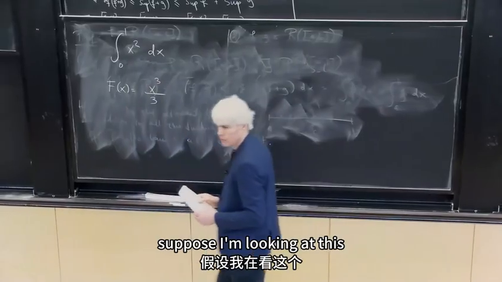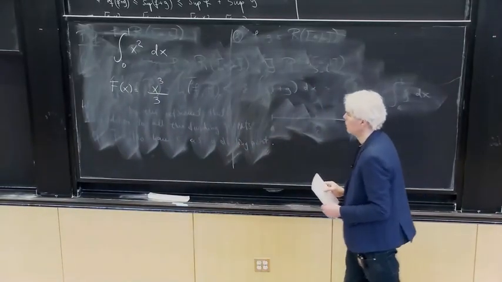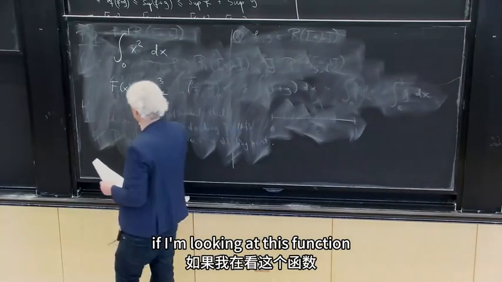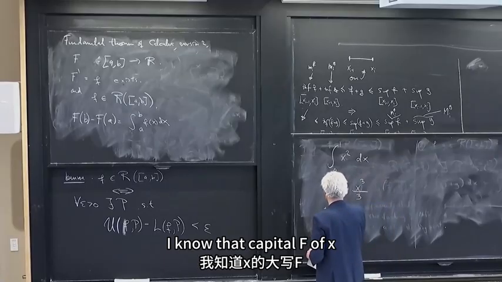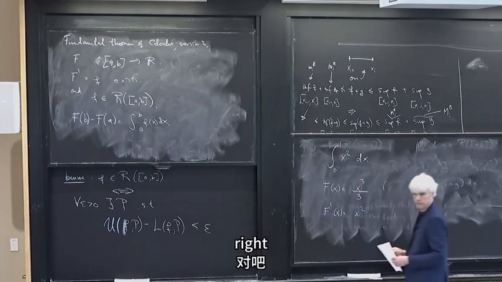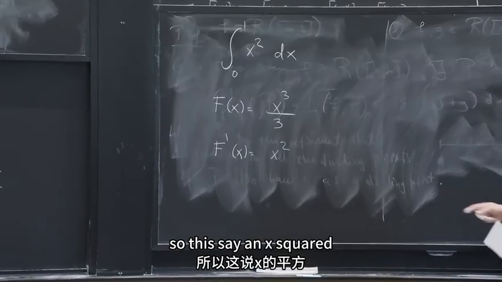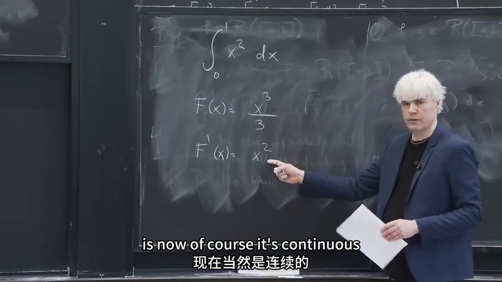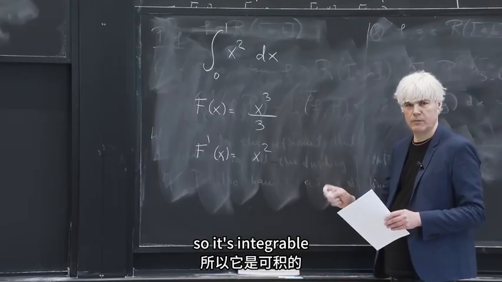Well, if I'm looking at this function, I know that the derivative of capital F of x is just x squared, and x squared is of course continuous, so it's integrable.